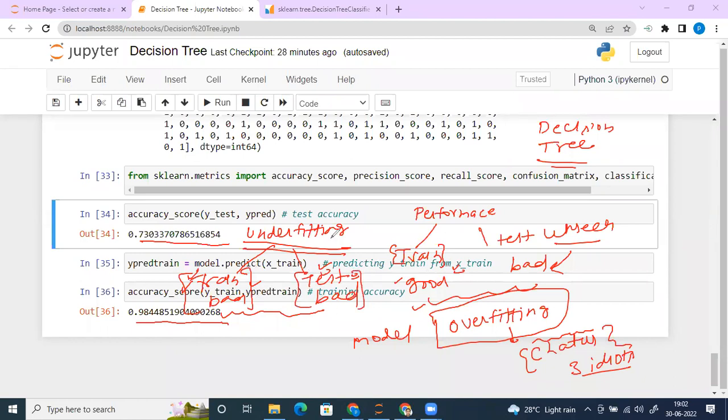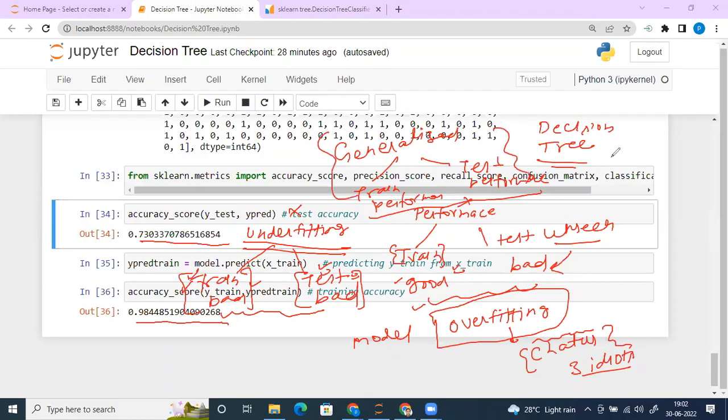What kind of model should we choose? Neither underfitting nor overfitting. We should choose a generalized model. Generalized means whether it's training data or test data, performance should be good on both.